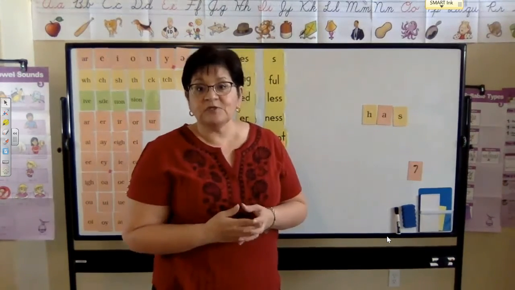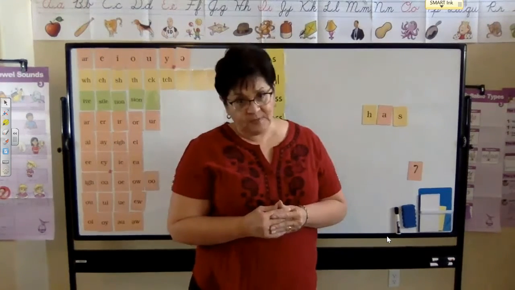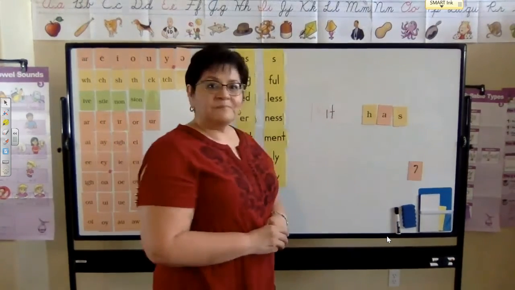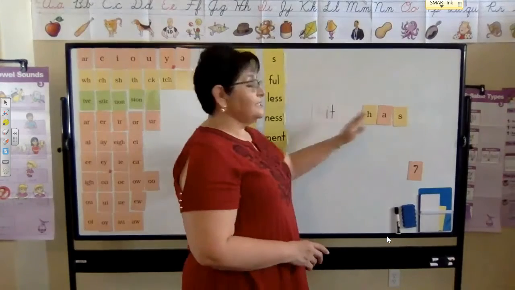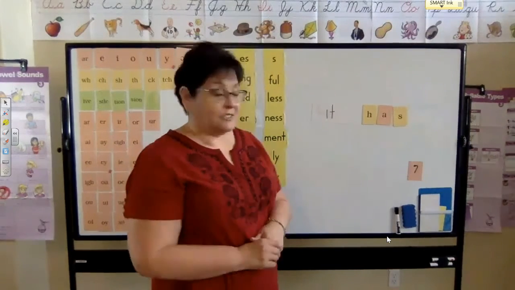So let's see what we're going to do if we want to use has as part of our contractions. Here we go. Let's read it. It has. Watch what I have to do to make this into a contraction.